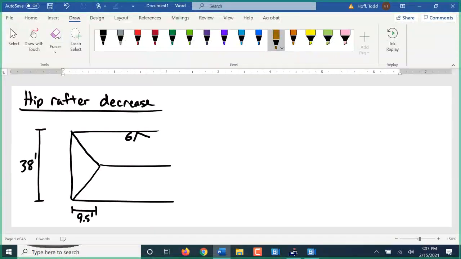When we look at any of these, we have the same steps. This has some extra steps because the difference is going to be the length of the jack rafter, the longest jack. But no matter what, we always start with the common rafter.